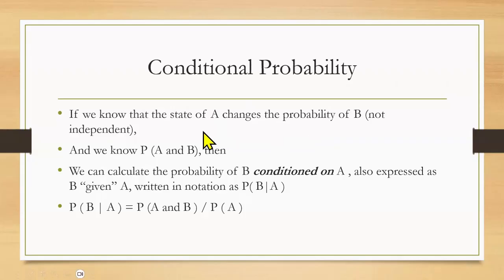So if I ask you a question, what's the probability of getting rain on a given day in San Diego, but you don't know what season it is? I looked up the data from the National Weather Service, and it actually rains in San Diego on average 41 days per year.